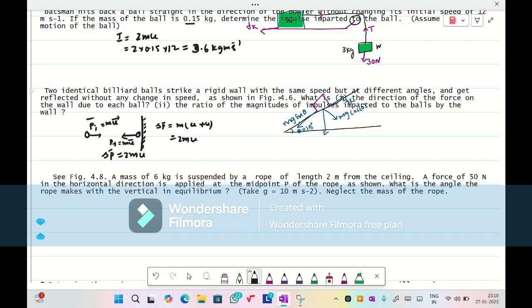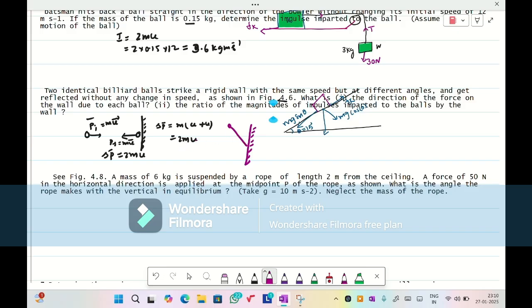Now as shown in the figure 4.6, here it comes. Well, the ratio of the magnitudes of the impulse imparted to the ball by the wall. But before that, one more question: what is the direction of the force on the wall due to each ball? So now one more diagram is like this. Force is equal to mu by t, right?